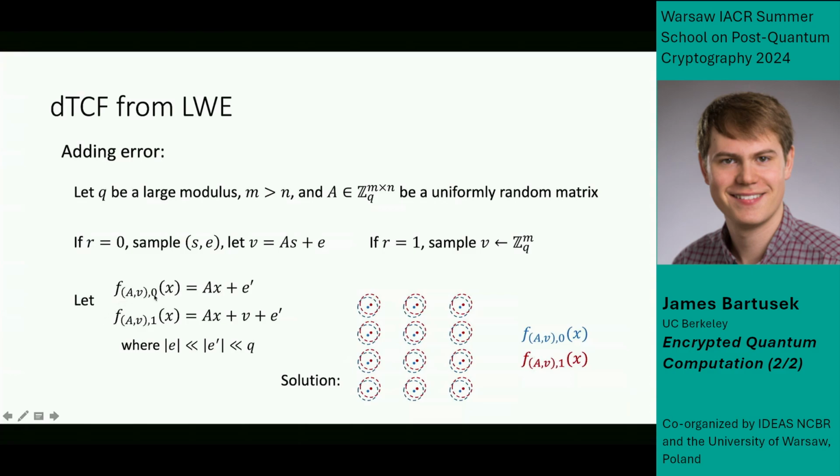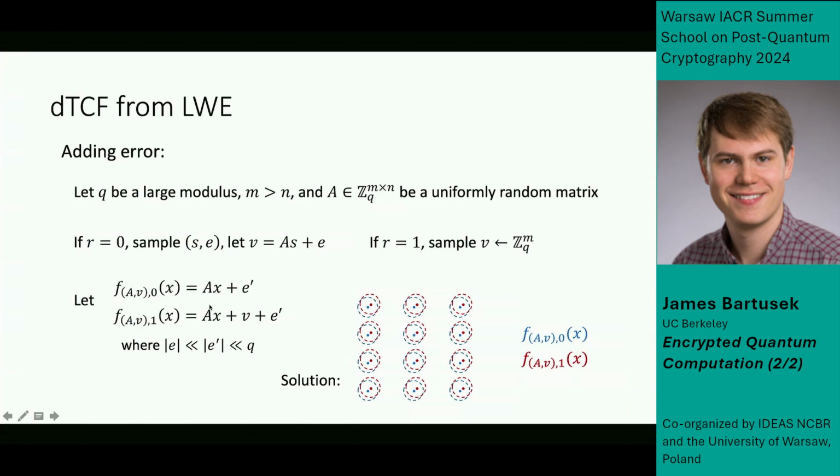So in particular, we're going to allow F0 and F1 to compute the function that we defined, but then add to it some random short vector E prime, okay? Where each entry of E prime is sampled from some domain that is sufficiently larger than E, but still much, much smaller than the modulus Q.